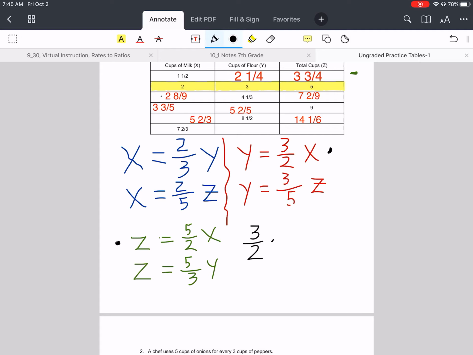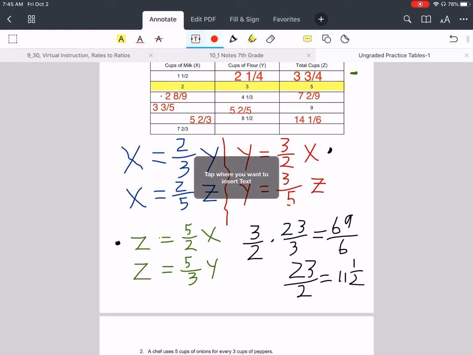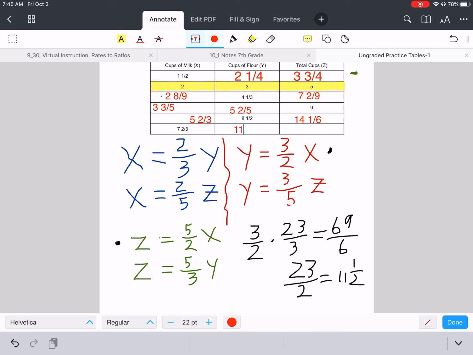We know that simplifies to 23/3. It's going to equal 69/6. We can divide both of those by 3, of course. You get 23/2, which equals 11.5. So y is 11.5.